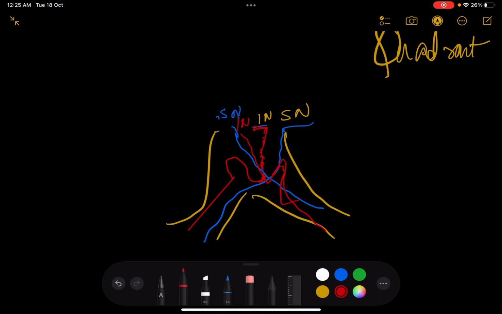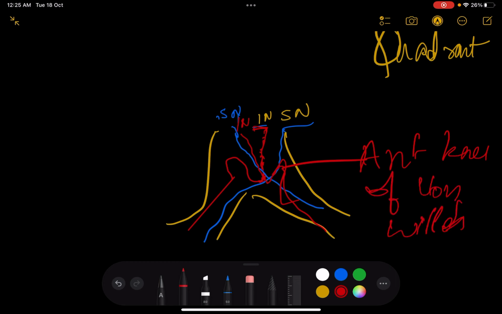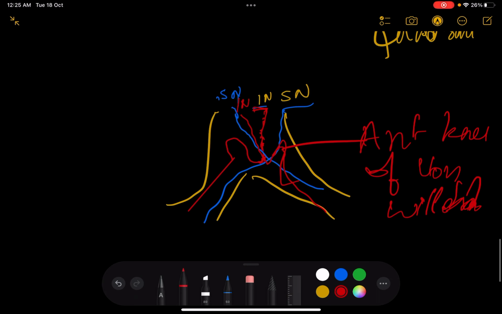So this jumping up is called the anterior knee of von Willebrand. That's how I remember the inferior one feels inferior. He's trying to go back into the other optic tract altogether. That's how I try to remember. So what happens if there is, let's say, a lesion.